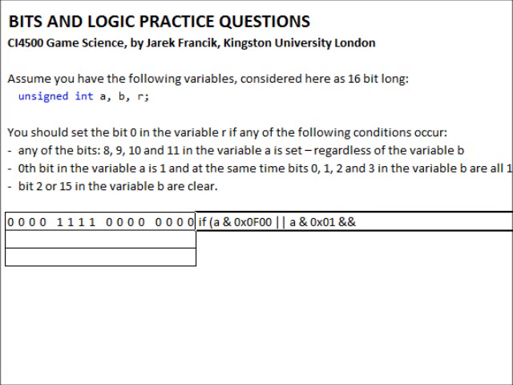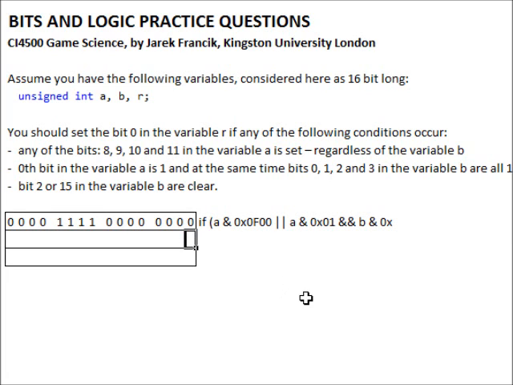The second sub-expression will be connected with a Boolean operator AND. It is about the variable b and its bits 0, 1, 2, 3. So it's b and 0x, and now let's create the bit mask. Bits 0, 1, 2, 3 are here. I don't need any more digits because leading zeros are insignificant.